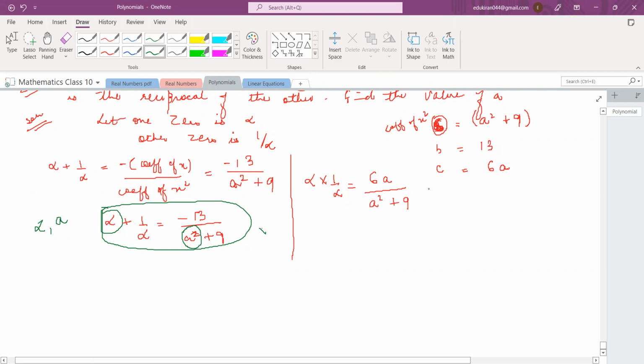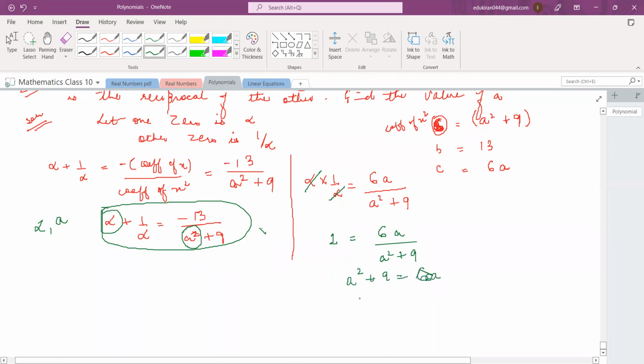So we come to the second one. It can be solved because here the alpha will get cancelled out. The alpha will be gone from the equation. You will be left with only one, is equal to 6a divided by a square plus 9. Here you have only a single unknown, so now it can be solved easily. You just do cross multiplication. So a square plus 9 is equal to 6a.